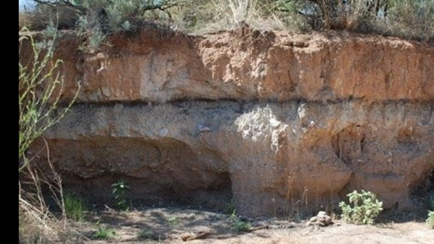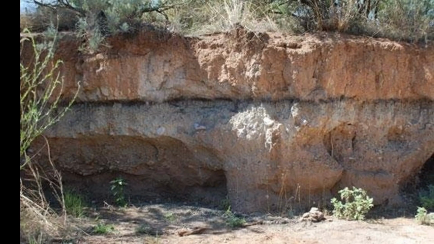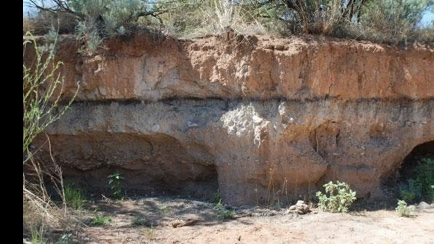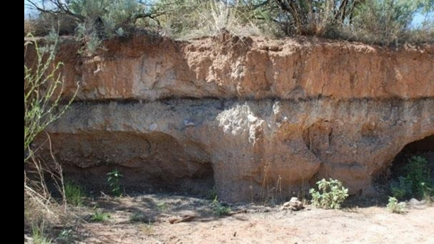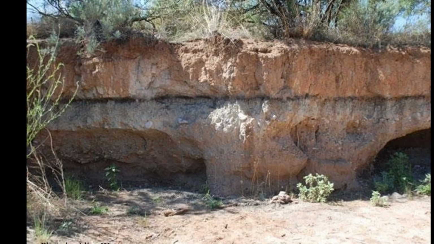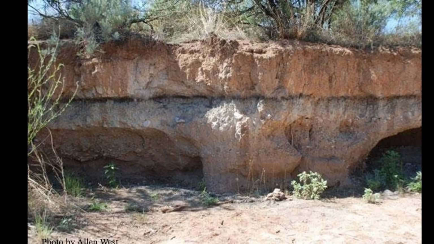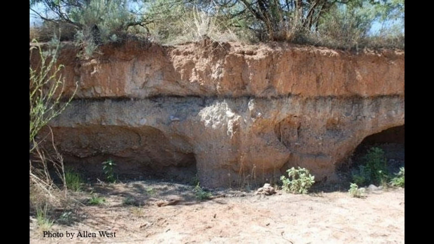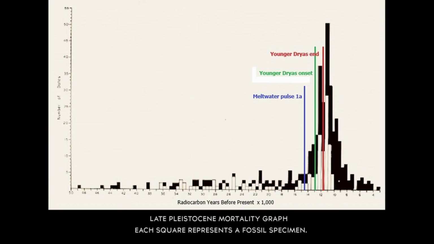This layer contains several impact proxies such as magnetic microspherules, nanodiamonds, platinum and iridium spikes, silica-rich melt glass, and others. The presence of all these materials lends credence to the idea that the Younger Dryas may have been triggered by an extraterrestrial impact.